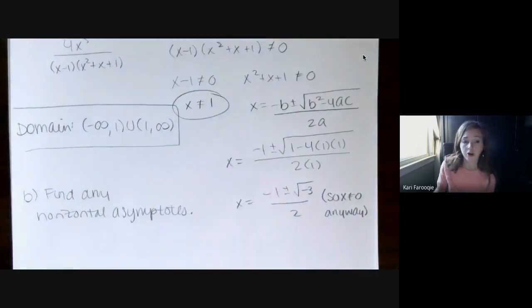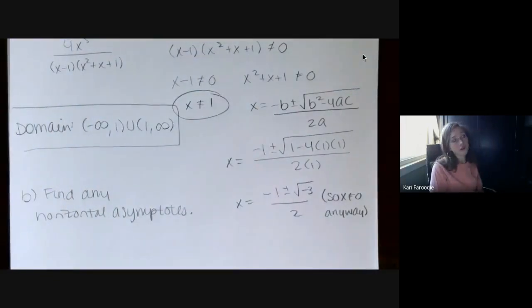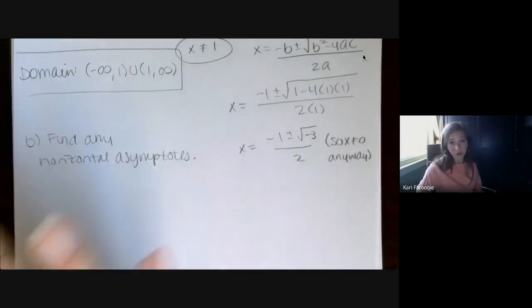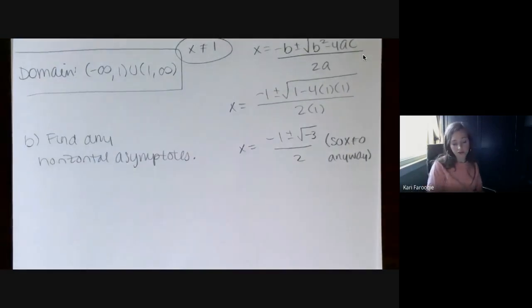Now, so far, I've only asked you to find limits at infinity. So for limits at infinity, if the limit did not exist, you'd actually have to tell me in that case whether it was positive or negative infinity. However, if I ask you for a horizontal asymptote, you can just tell me the horizontal asymptote does not exist if that's the case. So let's go through here and look at the function.